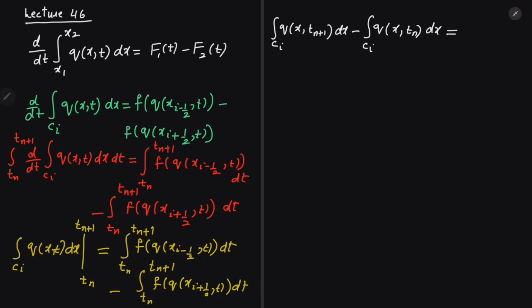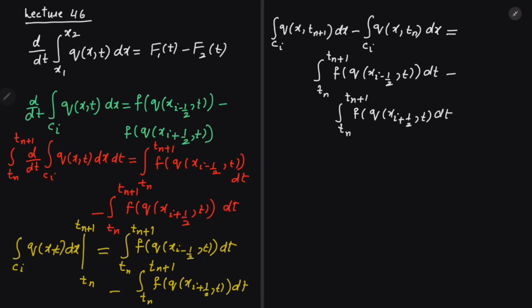This is the left hand side, and on the right hand side we have the same flux integrals. So we integrated this expression by dt, since t is continuous. That's why we integrated with t.